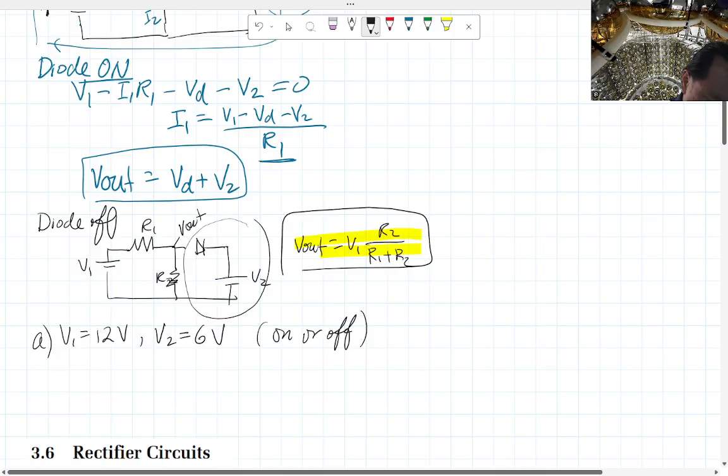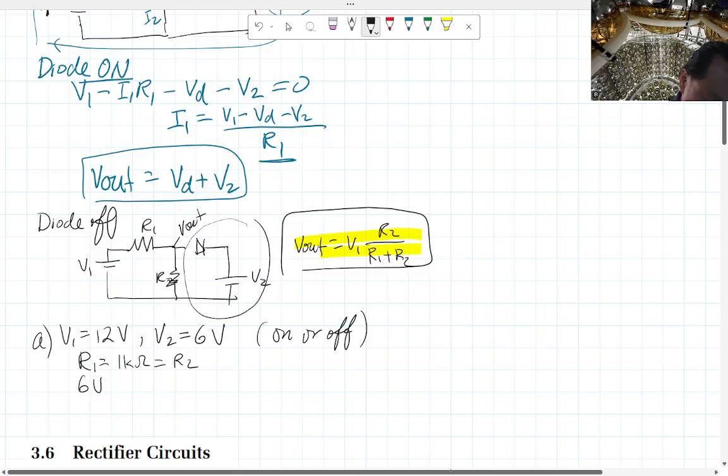Okay, so if V1 is 12, V2 is 6, then first we apply the voltage divider here. So we have to have the R value also. Okay, let's say R1 equals 1 kilo ohm, R2, let's just make them equal for easy calculation, 1 kilo ohm. Okay, so this is just a 1/2 voltage divider. So if you apply this, then you have half the voltage here. So V out is going to be at 6 volts.